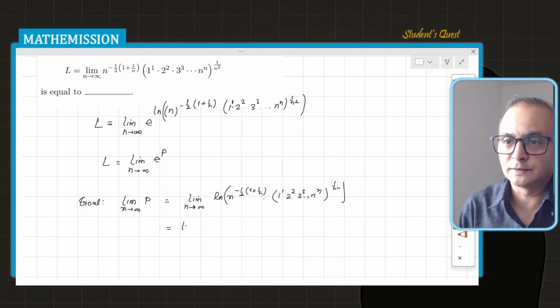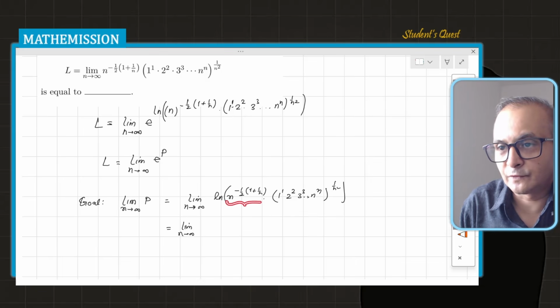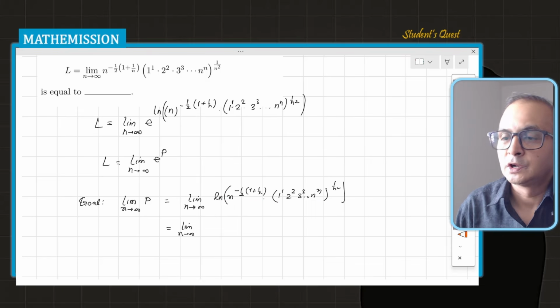First, this log will be separated into two different quantities. So log of n to the power this. So I can write directly what I'm doing. This is going to be the first term. This is the second term. This is kind of a log of x into y. So this I can write x, this is y. So we can write log of x plus log of y.